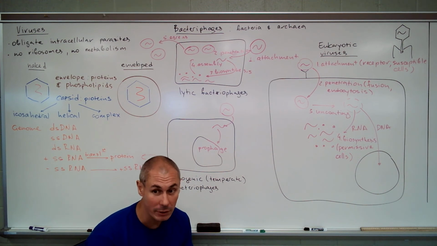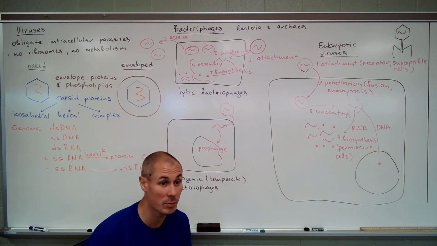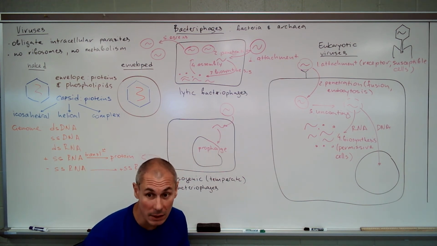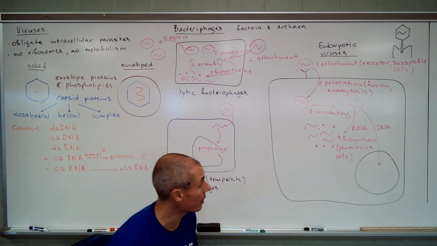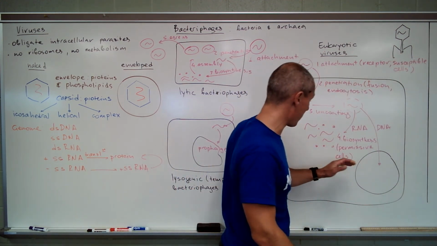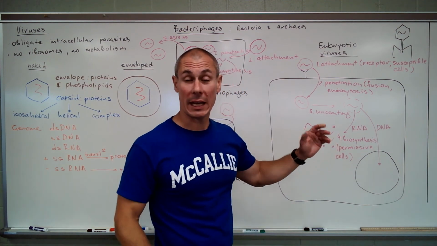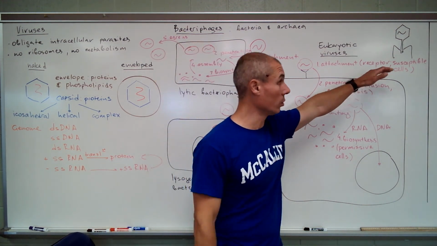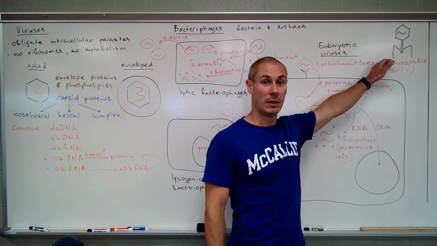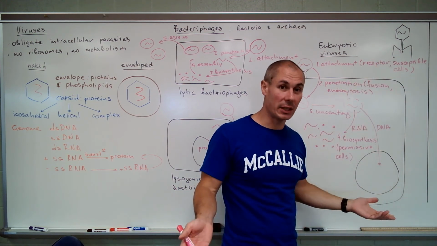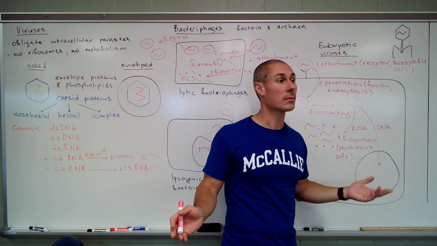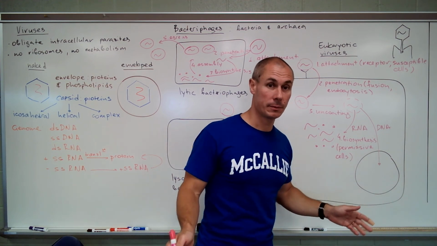Well, it turns out we can easily detect the virus in the respiratory cells, but the virus doesn't seem to grow in endothelial cells. So in the human body, it looks like respiratory cells are both susceptible and permissive, while endothelial cells are only susceptible. The virus can get in, and that's the end of the story. That makes sense? Clear? Okay.